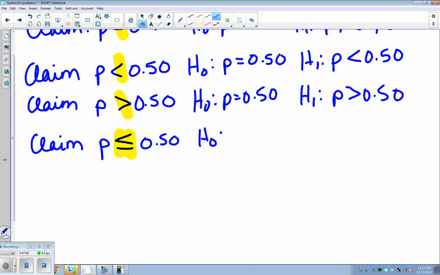My null hypothesis is still only got the equal sign. It can only have equality. Because my original claim says less than or equal to, this is where I'm going to flip it for my alternative hypothesis.